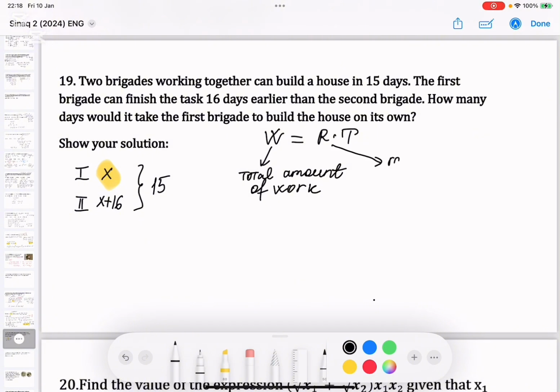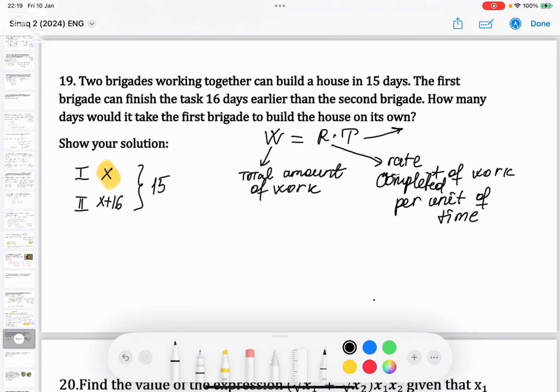R represents rate, or amount of work completed per unit of time, so amount of work completed in a day, per hour, and so on.